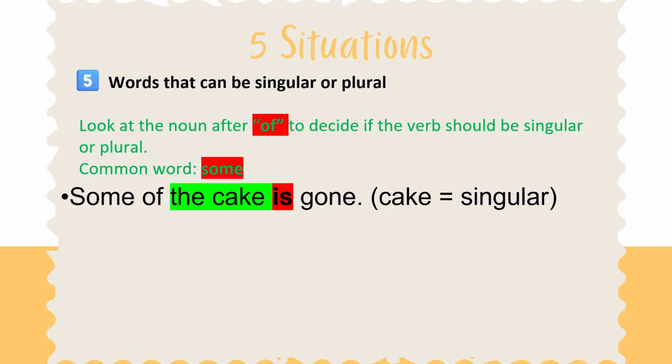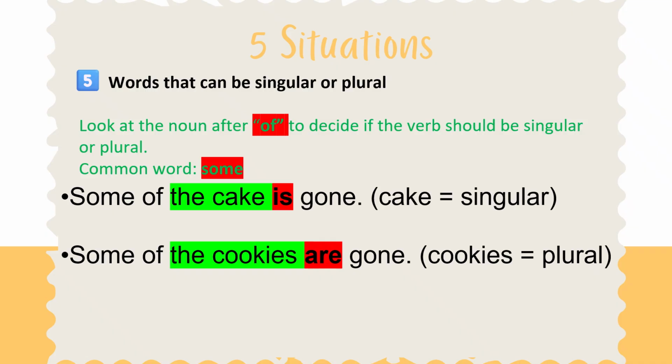Here, the cake is the one we need to pay attention to, because we don't know if some is plural or singular. But after we see the information, the cake, then we know that here some is singular. So the verb be should be the singular form, which is.